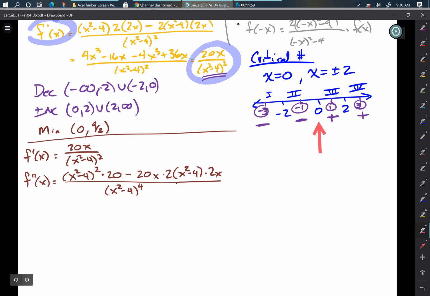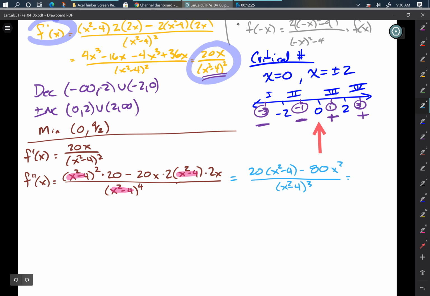Now it looks like there's an x squared minus 4 in every term, so I should be able to factor that out, which will give me 20 times x squared minus 4 in the first term, minus 80x squared in the second term, when I factor out that x squared minus 4, divided by x squared minus 4, and now it's cubed.